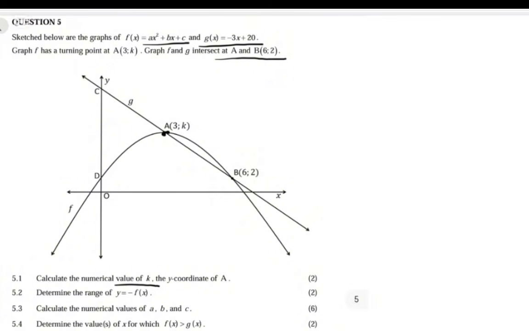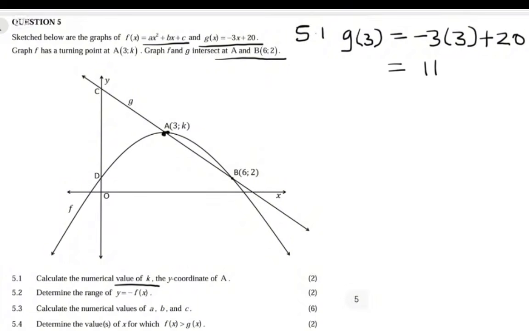So to g of x, this is going to be 5.1. So to g of x, we're just going to substitute 3. So it's going to be g of 3, and then -3, we substitute 3 here, plus 20. Perfect. If you use a calculator, you're going to get 11. So therefore, we can conclude that k is equal to 11.